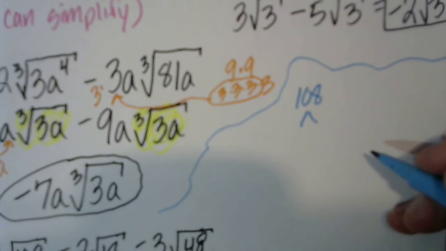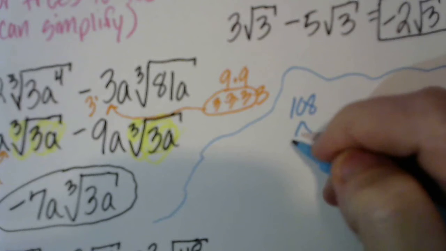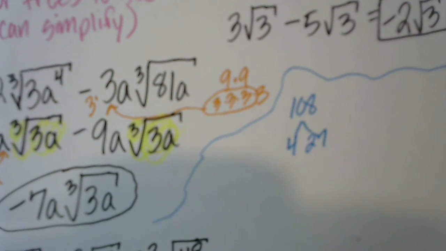So 108, anything that gives me 108. Some of you are probably saying, let's see, 4 goes into 108, 2 goes into 108, 2 times 54 is 108. 108 divided by 4 is 27. So I'm going to use that one just because it makes my tree shorter.